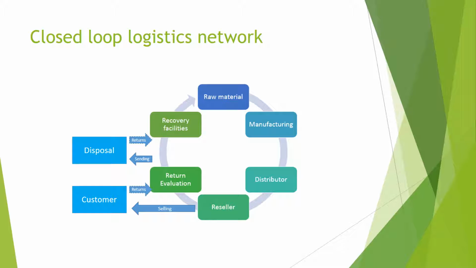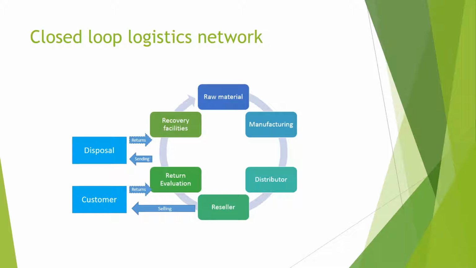As we can see, the raw material is sent to the manufacturing part. The manufacturing part produces the product and sends it to the distribution center. The distribution center sends the product to the reseller, and the reseller sells the final product to the customer. The customer will return some of the unused product for evaluation, and it will be sent to the disposal center.